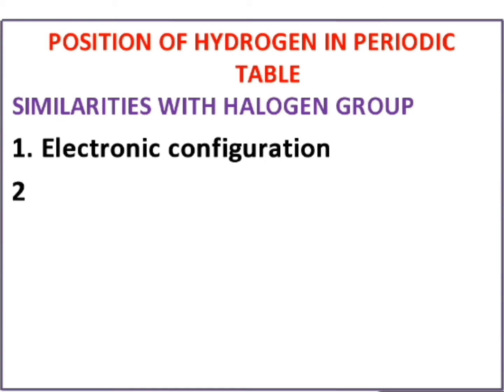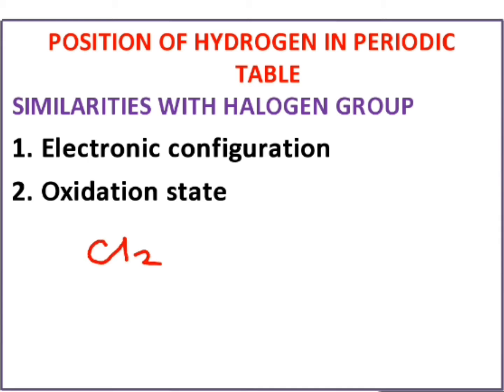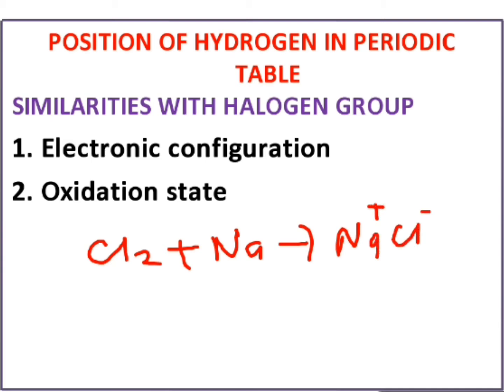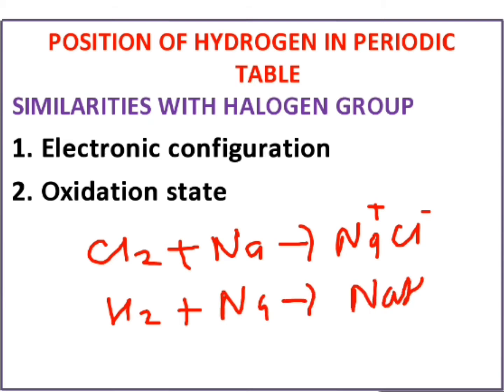After that, oxidation state. If Cl2 reacts with sodium, it will form NaCl, Na plus and Cl minus. In the same way, if hydrogen reacts with sodium, it will form NaH, Na plus and H minus. So both halogen and hydrogen form a negative ion, an anion, so the oxidation state is -1.